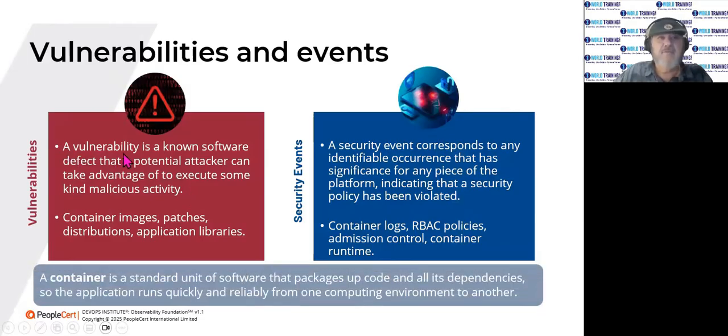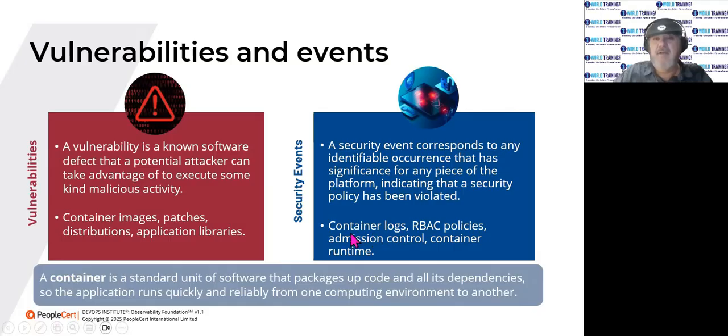First of all, the vulnerabilities. I hope you know what a vulnerability is, but there's a definition here. It's a known software defect that a potential attacker can take advantage of to execute some malicious code or malicious activity. This can apply to container images, patches, distributions, and application libraries that you might import. A security event corresponds to any identifiable occurrence that has significance for any piece of the platform, indicating that a security policy has been violated.